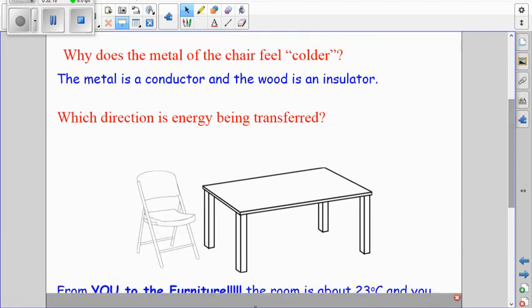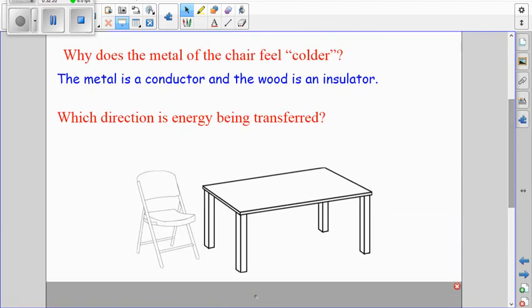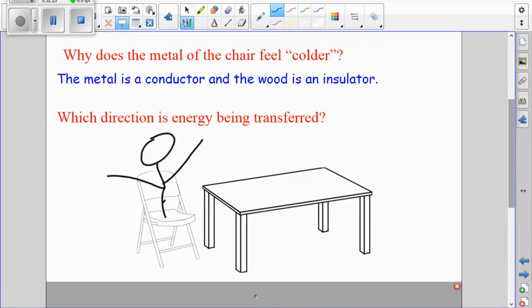Well, let's do a little Mr. Pilcher art time again. Okay, there's me. Here comes the paw.